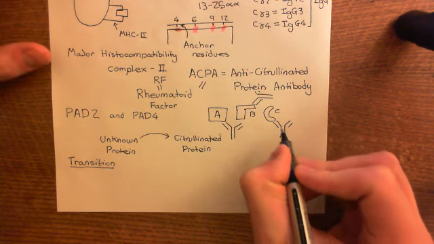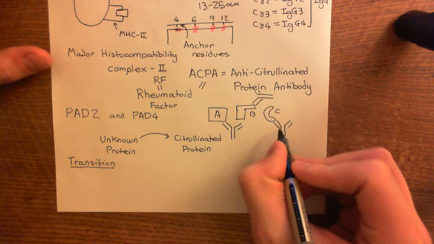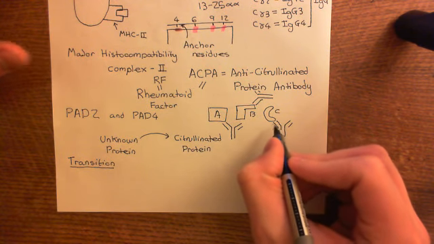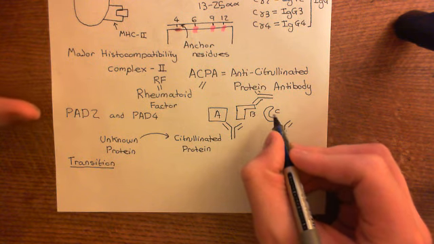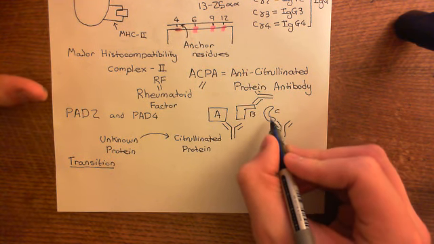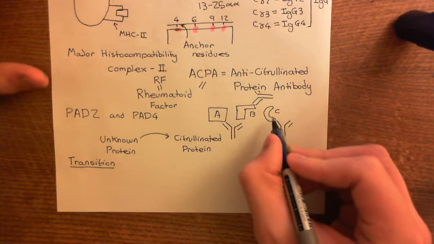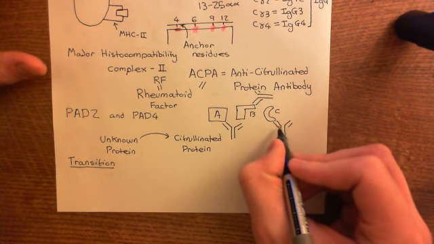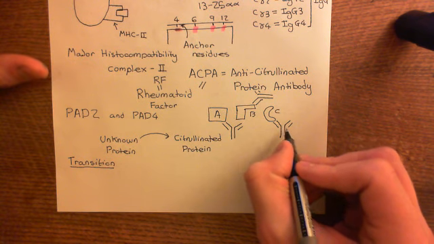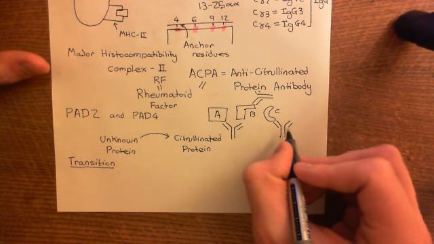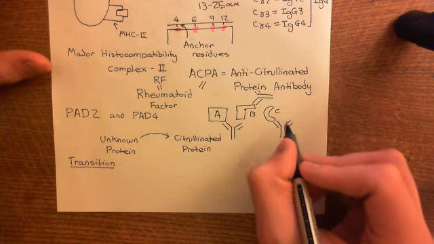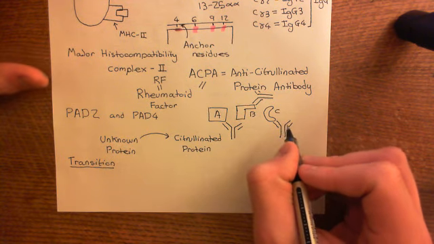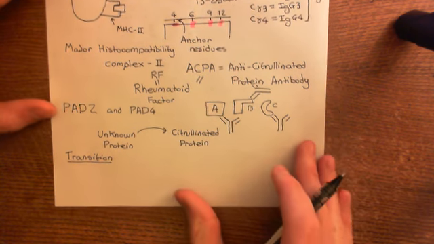So you're poised and ready to get rheumatoid arthritis. However, at the moment you haven't got rheumatoid arthritis because citrullinated protein C is within the synovium, or potentially within the synovial fluid, whereas this anti-citrullinated protein C antibody is within the blood, so they can't get access to one another. So you haven't yet triggered the whole thing off, but you're poised and ready.